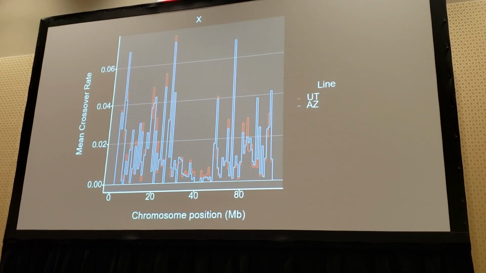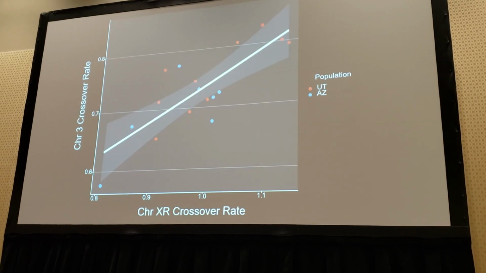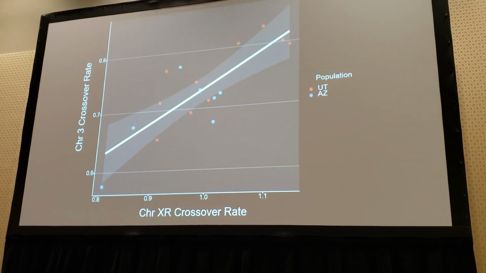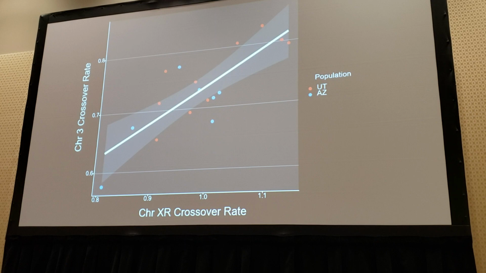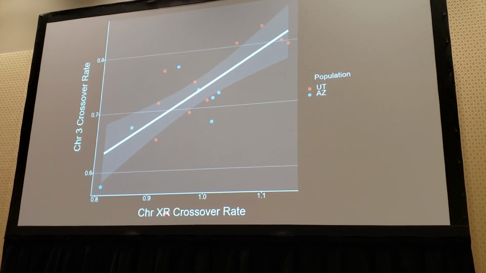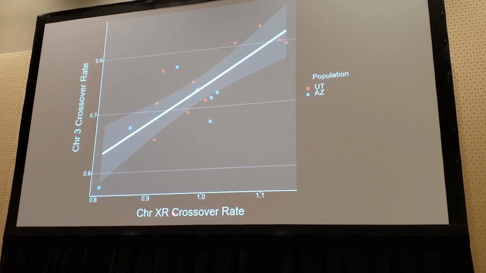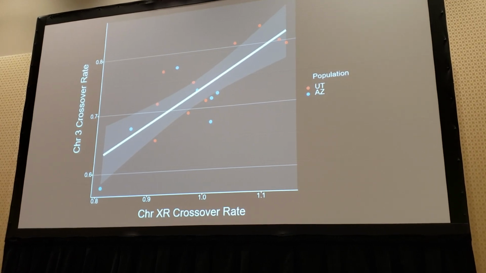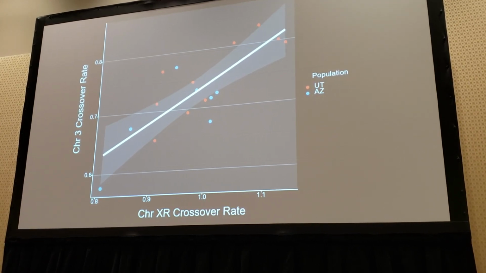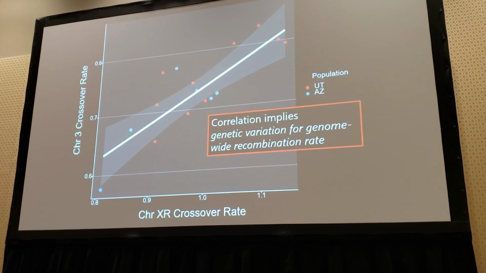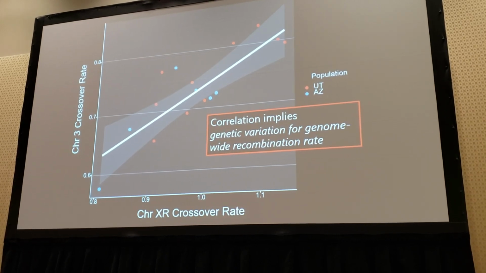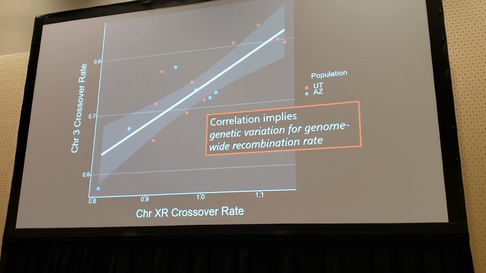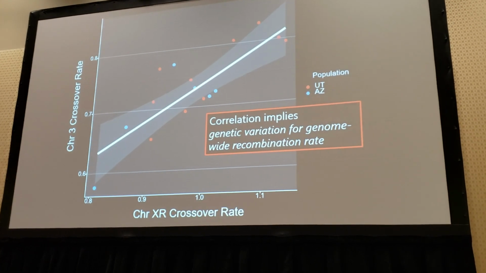Another interesting finding that came out of that is there's a correlation in recombination rate among chromosomes within a cross. This plot shows basically that if you have a high recombination rate on XR, you also have a high recombination rate on chromosome 3. And this is true across all the chromosomes. We think that this correlation might imply that there's genetic variation for genome-wide modifiers of recombination rate.